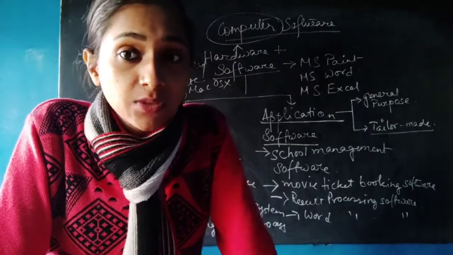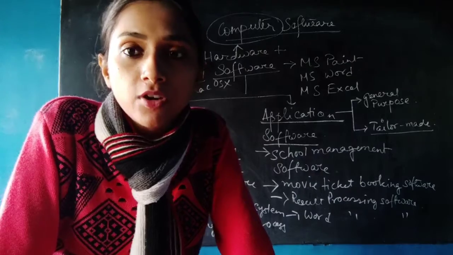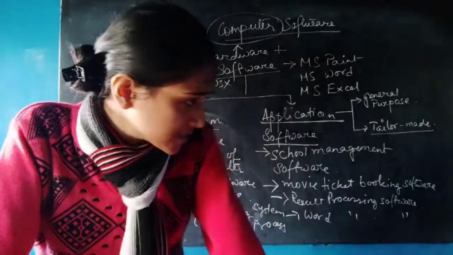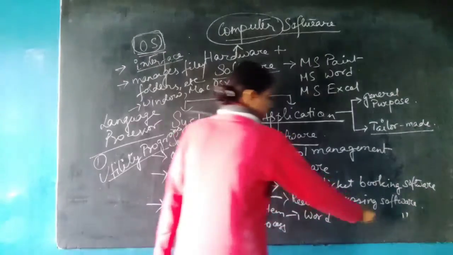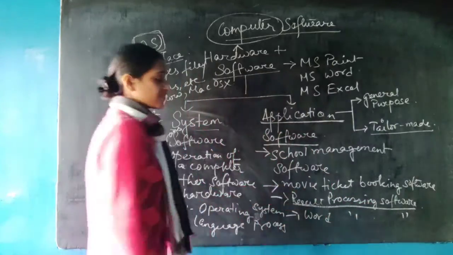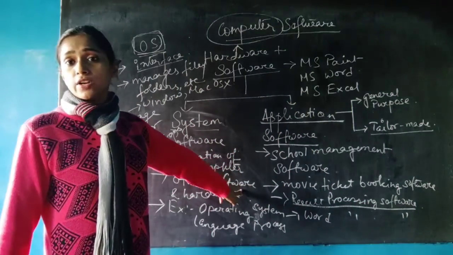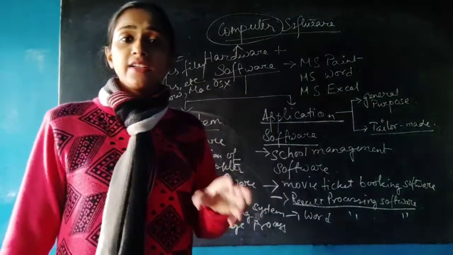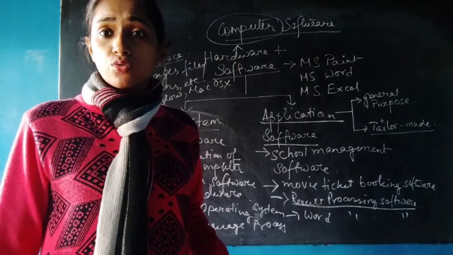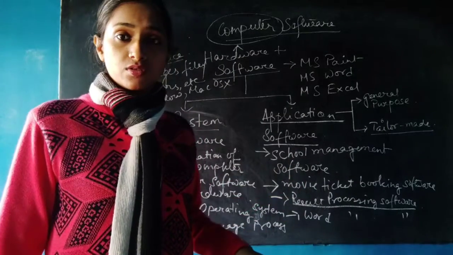It is especially built for them. For example, result processing software is not general purpose software. You cannot find it everywhere in the market. It is only required for schools.